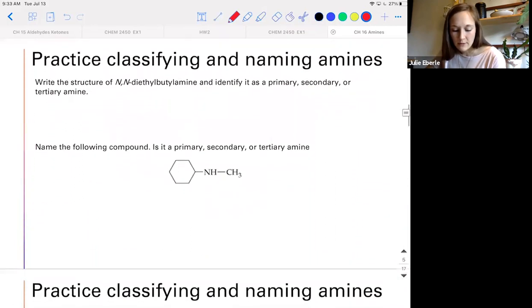So let's put this into practice. Write the structure of N,N-diethylbutylamine and identify it as a primary, secondary, or tertiary amine. N,N-diethylbutylamine.